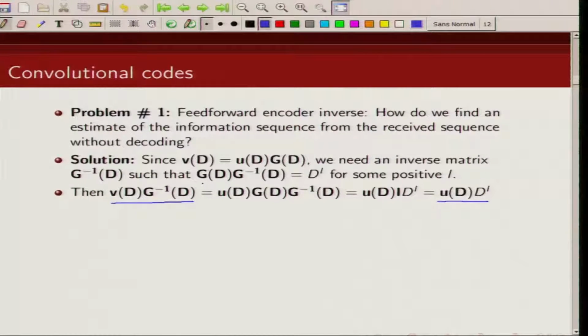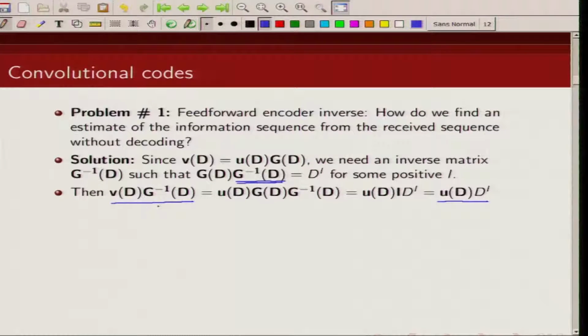So, we are interested in finding this encoder inverse. Does a feedforward encoder inverse exist such that G(D) times its inverse is some delay element? What is the use of this?